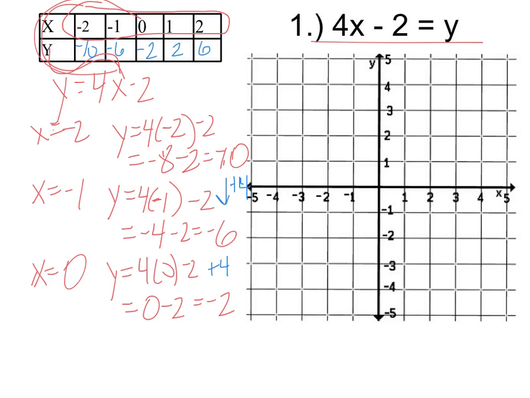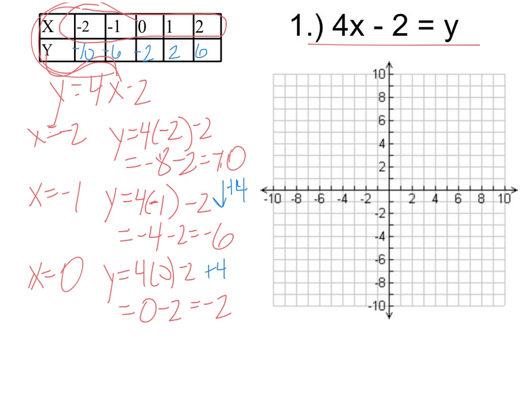And actually, I'm going to pause the video quick and I'll get a new one that will allow us to do all of this on the same graph. Okay, so now I have a graph that goes from -10 to 10. Now you wouldn't need it to go from -10 to 10 on the x values, you'd only need it on the y values. So yours could be skinnier if you'd like it to be.